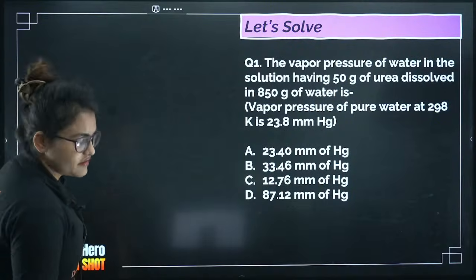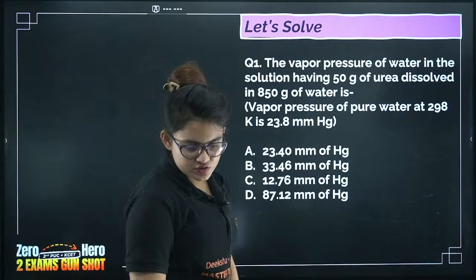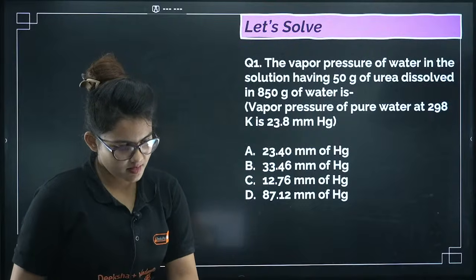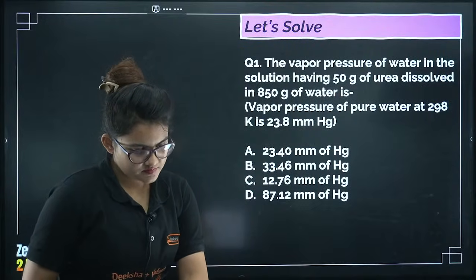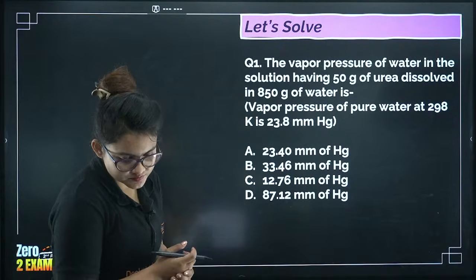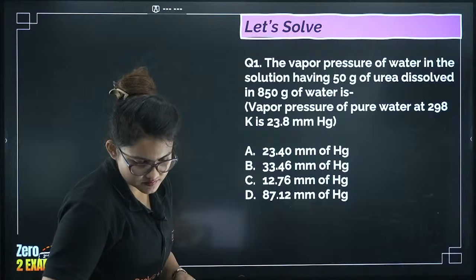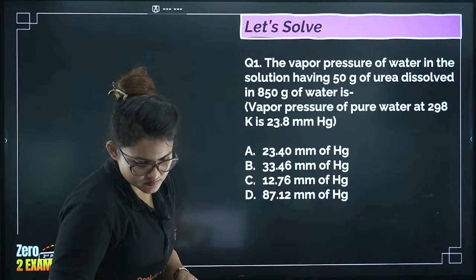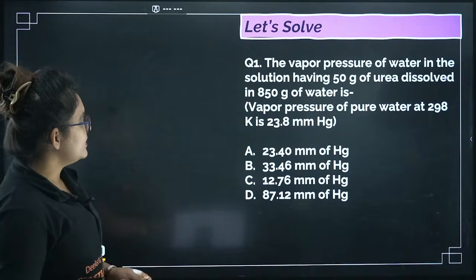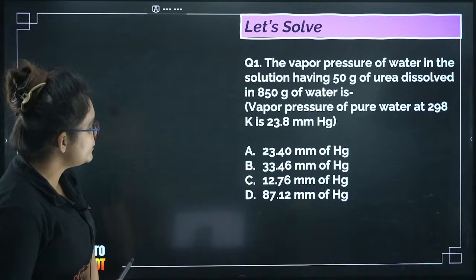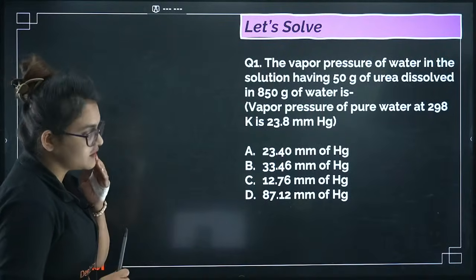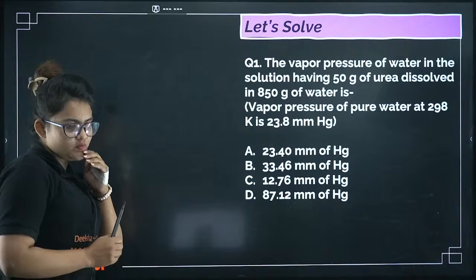Here comes a question, and I insist you people to try it. The question: find the vapor pressure of water in a solution having 50 gram of urea dissolved in 850 gram of water. That's going to be a super easy one.